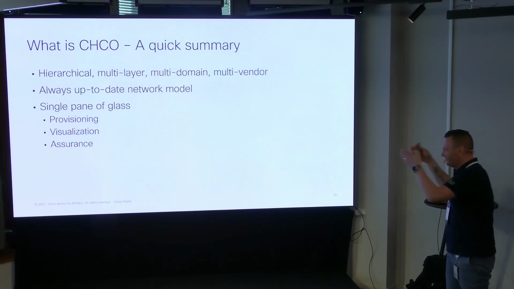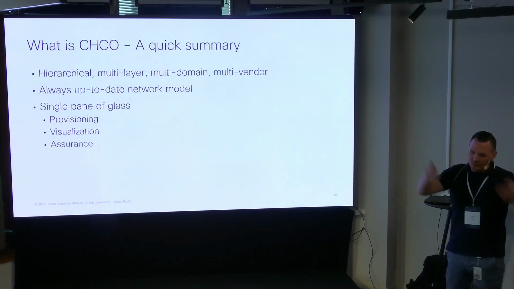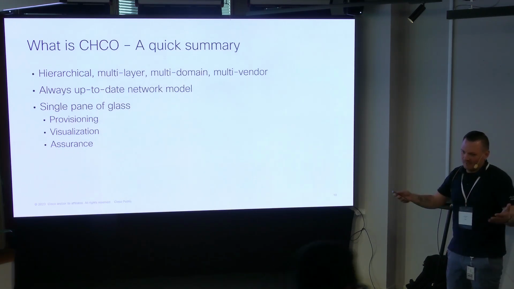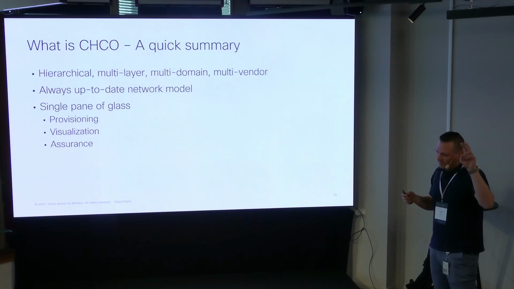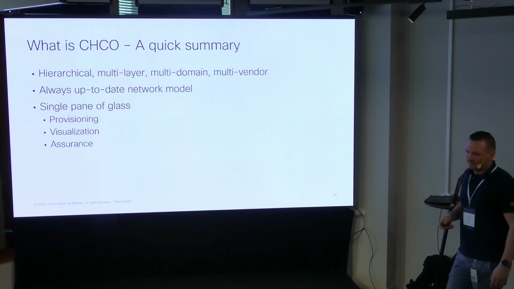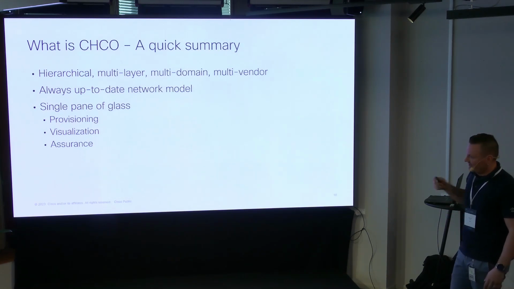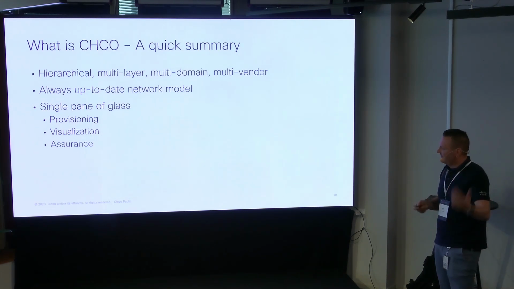So what you see in HCO is what you have in your network. It's like a mirror of your network. It's always up to date. There are polling cadences, obviously, that you need to take into consideration, or event-driven updates that haven't propagated yet, but it's fairly up to date.